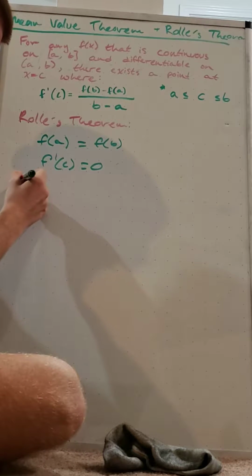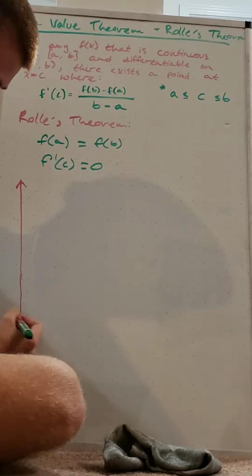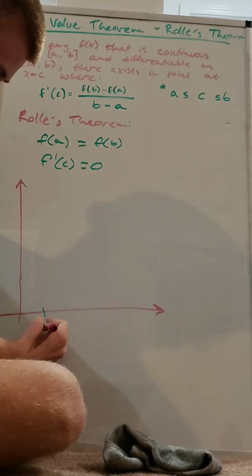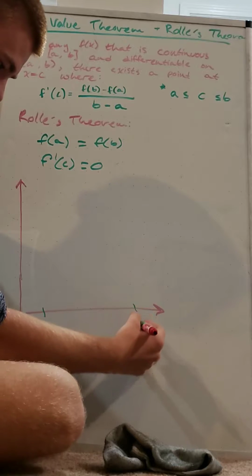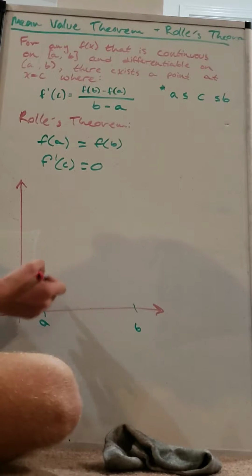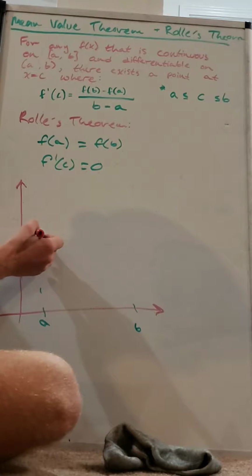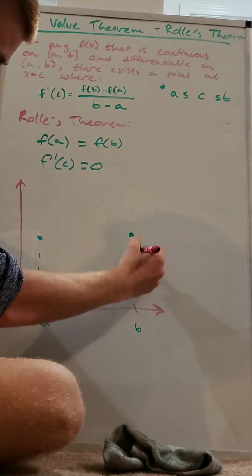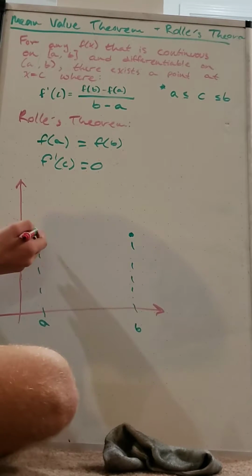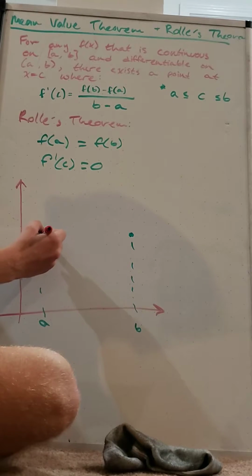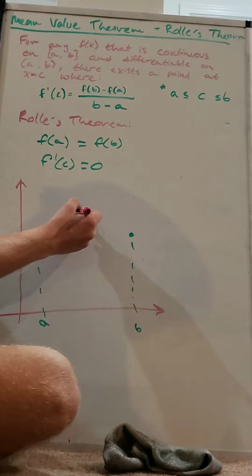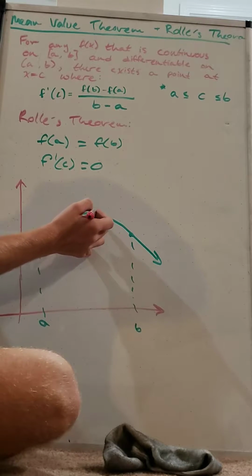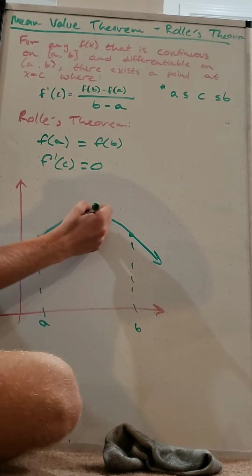And to visualize this, on our interval from a to b, if the function values are the same, like here and here, no matter what happens to the function, there's always going to be some point where the derivative equals 0, which would be right here on this one, right?